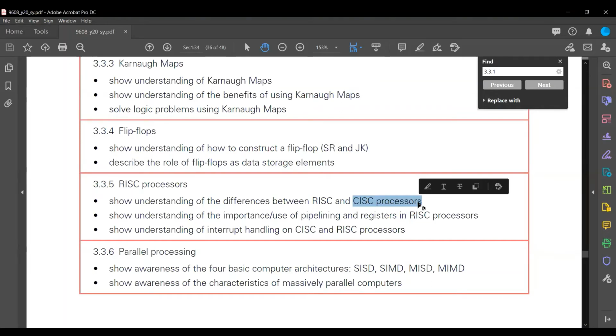I'll explain it further. For example, suppose we wish to add two numbers, A and B. Load A and then add B, that is RISC, two instructions: load A, which we have been doing, load A, add B. But if it is complex instruction set code, the instruction would be add A comma B. Add A comma B means there is just one instruction used and now we are relying on the processor to do it its way.